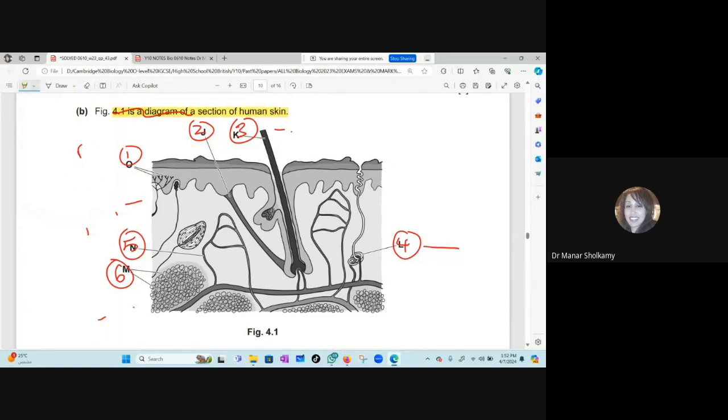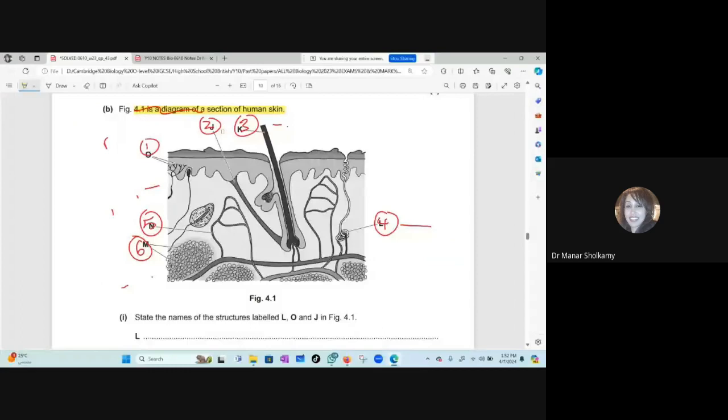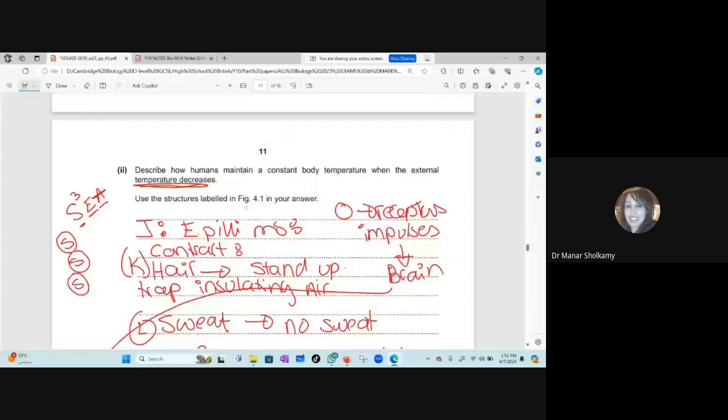When they tell you refer to the diagram, then you refer to every label in the diagram. We have 6 labels, and that is why the question is out of 6 marks. So use the structures labeled in your answer clearly, and you will get the 6 out of 6. Clear?